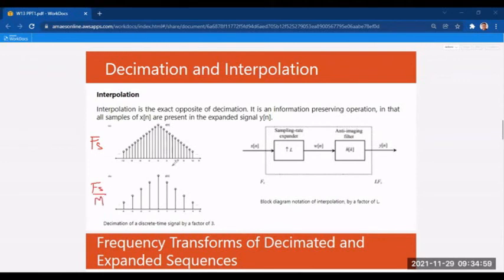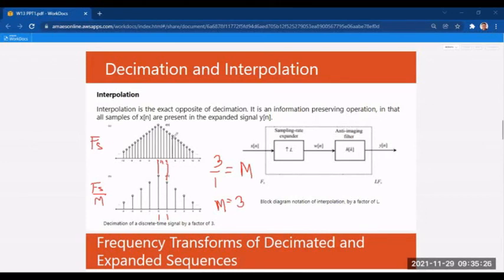Okay, so you can see here, this is 0, this is 3. In between, we have 3 samples from 0 to 3. But after decimation, there is only 1 sample instead of 3. So we have a factor of 3. So the M here is 3.